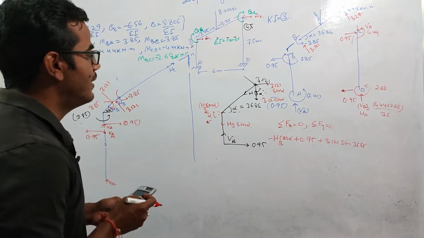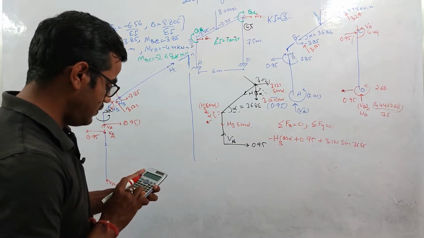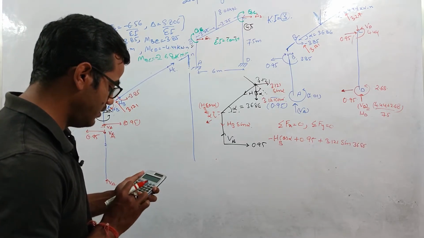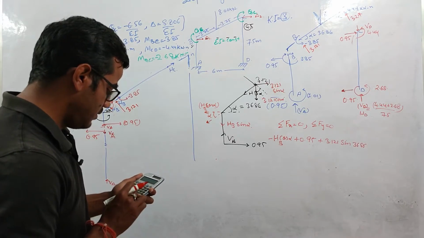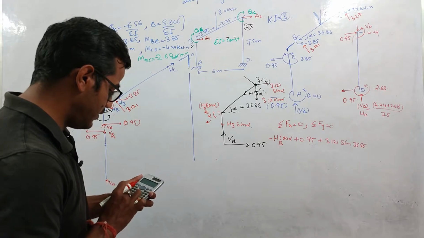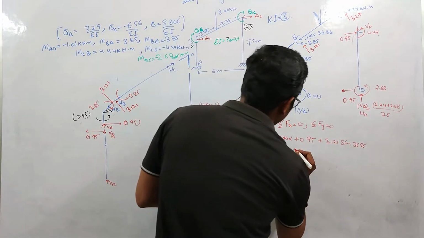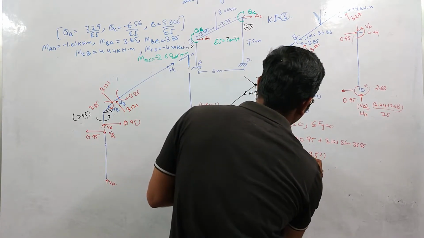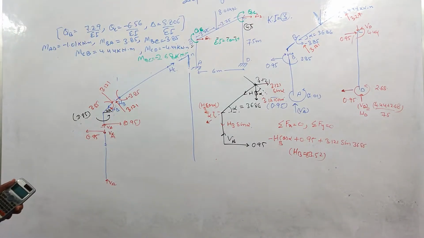If you calculate the value from here, it will be 0.95 plus 3.121 into sine 36.86 divided by cos 36.86. So HB equals 3.52, and it is positive, so the direction which we have assumed is correct, right?